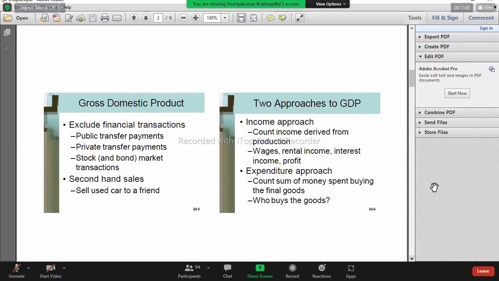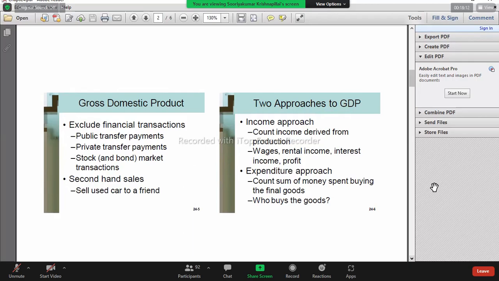So the income received by the household should be equal to what the household paid for consumption expenditure. So the income approach and the expenditure approach both measure the total GDP. Both should be equal. So we can use two approaches.